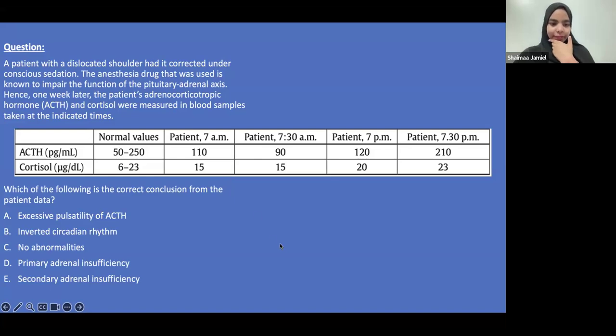Which of the following is the correct conclusion from the patient data? It's a bit of a longer question. We'll wait to see people's answers.